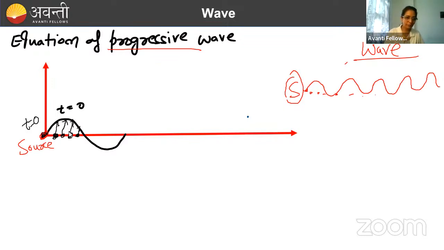The particles of the media, because of the energy they received, have jumped to these positions at t equal to 0. So at t equal to 0, we get this snapshot because particles of the media have jumped to different distances according to the energy they have received. That's the basic point. Now what will happen when the wave moves forward?